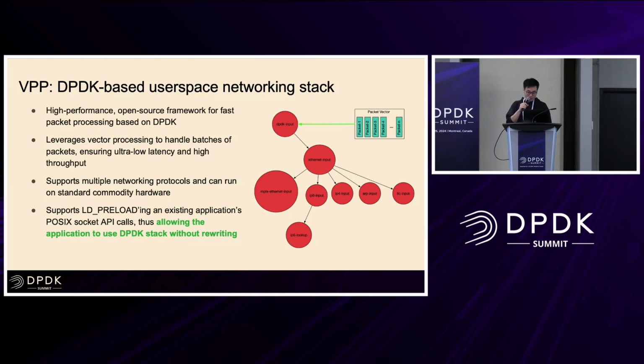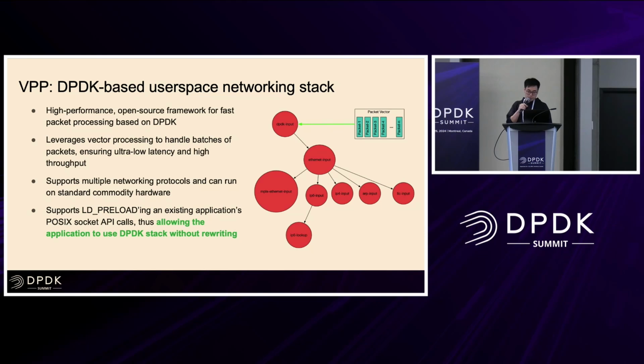I assume many of the audience here are already familiar with VPP, but I will still give a quick overview, just in case. VPP is a DPDK-based userspace networking stack. Instead of traditional scalar packet processing, it leverages vector processing to handle batches of packets, similar to what we've been working on over the last few years, or even this year's, for our rte_graph library.